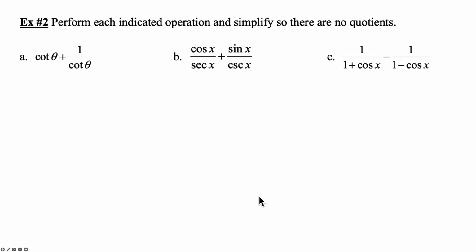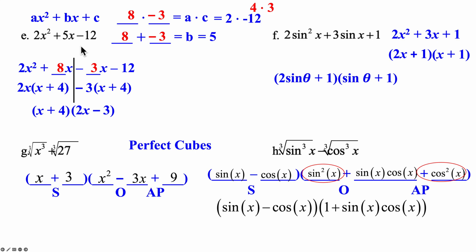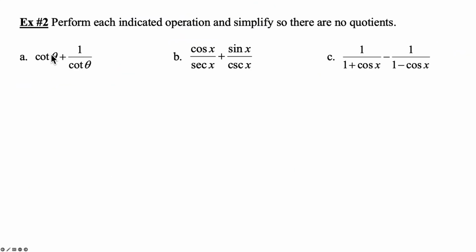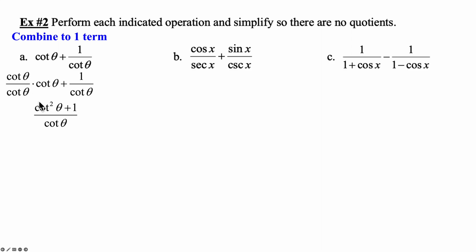All right, example 2. Perform each indicated operation and simplify so there are no quotients. Cotangent theta plus 1 over cotangent theta, combined to one term. To do that, I need to add these two together. So this cotangent theta has to be over a cotangent theta. I'm going to multiply that top and bottom to get cotangent squared theta plus 1.